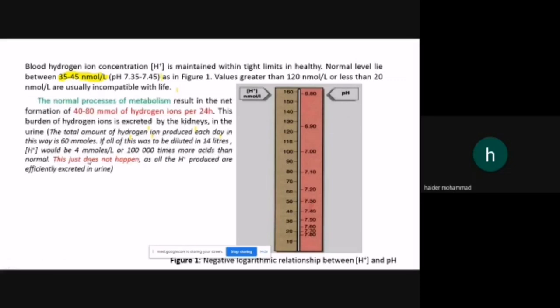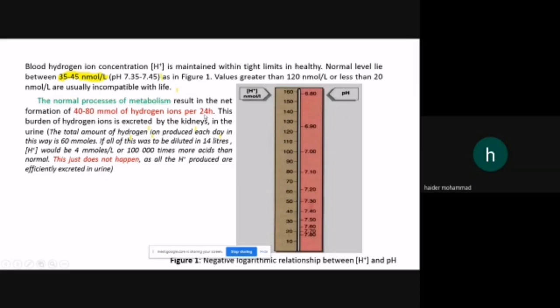Now, where do we get the hydrogen ions and how much? Speaking about the normal case, normal processes of metabolism result in the net formation of 40 to 80 millimole of hydrogen ions per 24 hours.